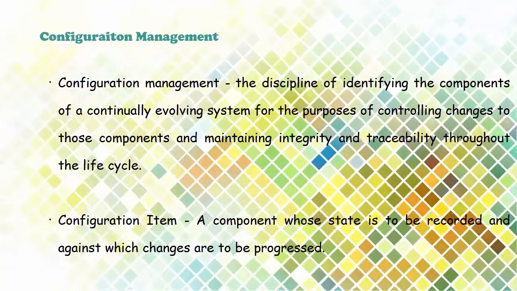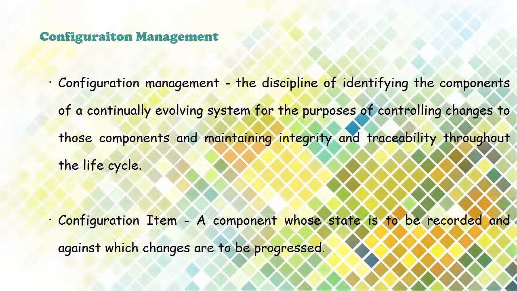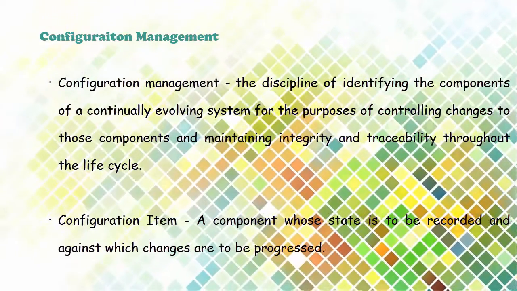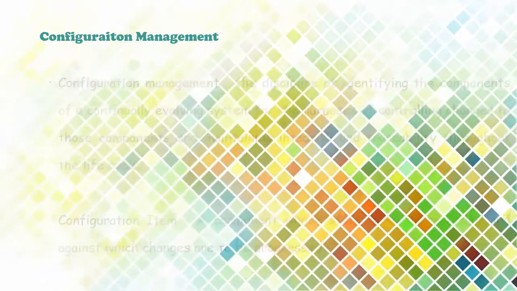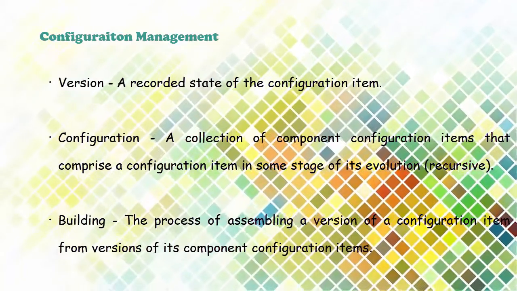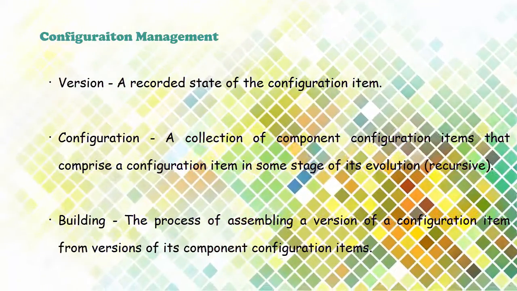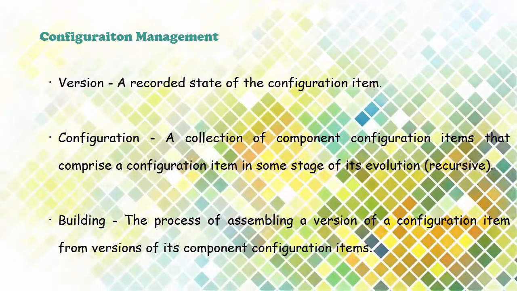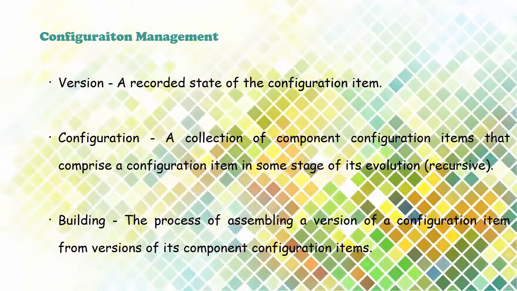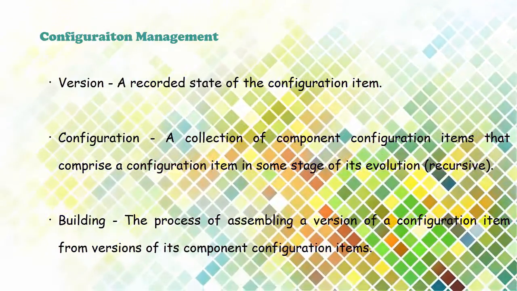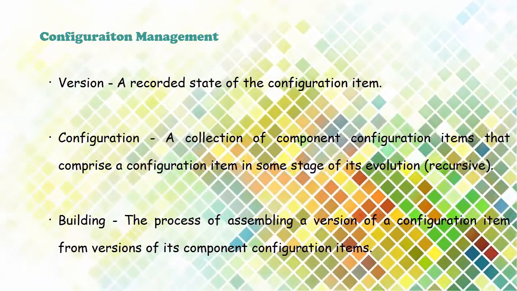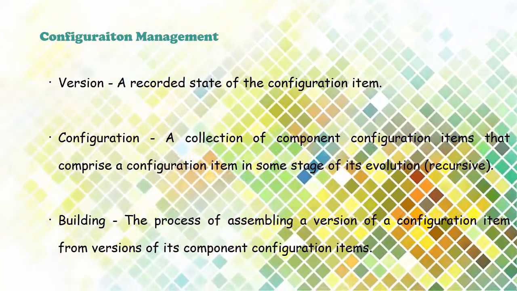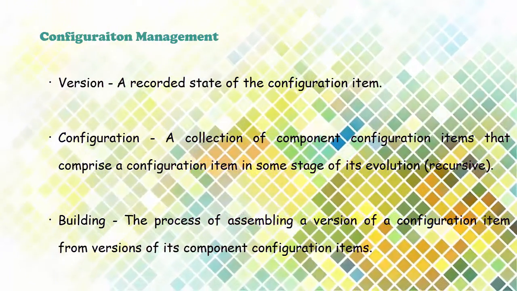Configuration item is a component whose state is to be recorded and against which changes are to be progressed. Version, which is a recorded state of the configuration item. Configuration, a collection of component configuration items that comprise a configuration item in some stage of its evolution.